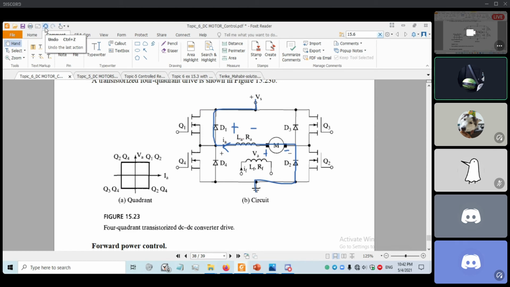Okay, now we have to move on to reverse power control. In reverse power control, Q3 and Q4 are turned on to give us this circuit.